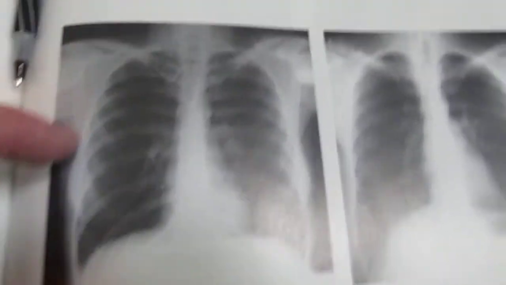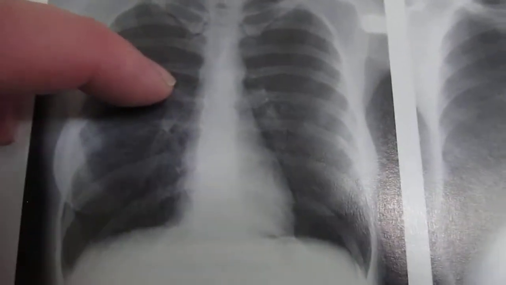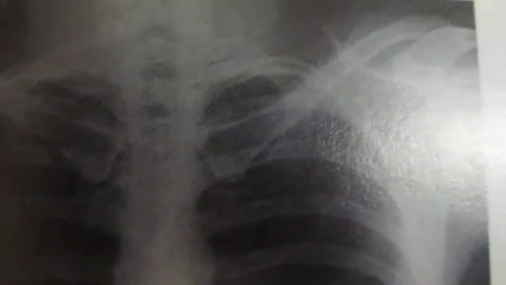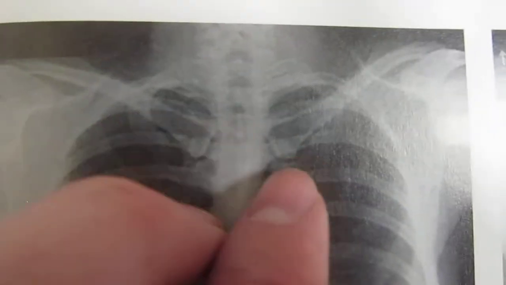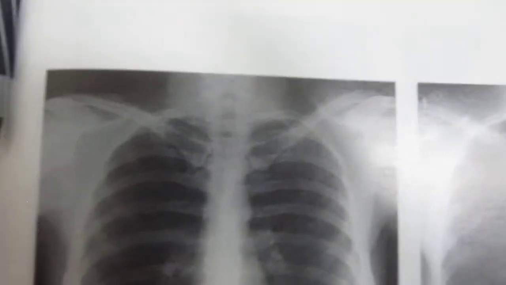My technique looks good because I can see the spine through the shadow of the heart right here. And also we look for rotation. These SC joints look equidistant and non-rotated. So that's my PA.